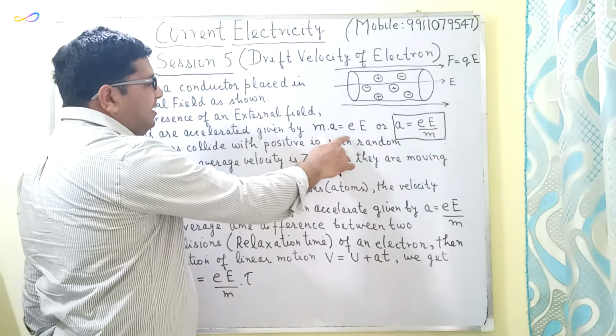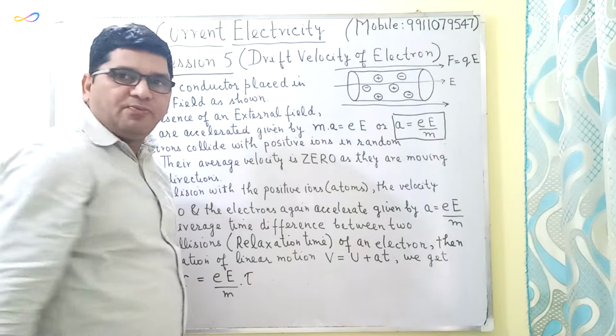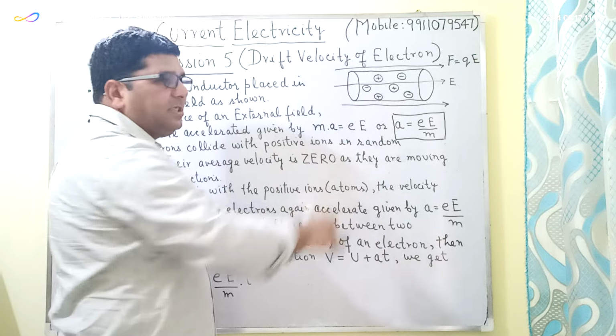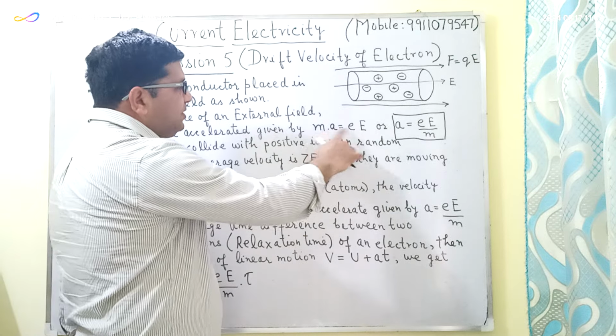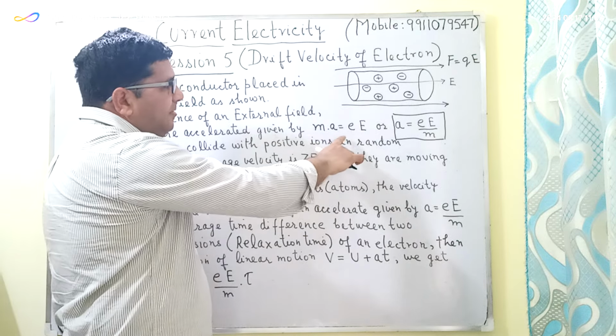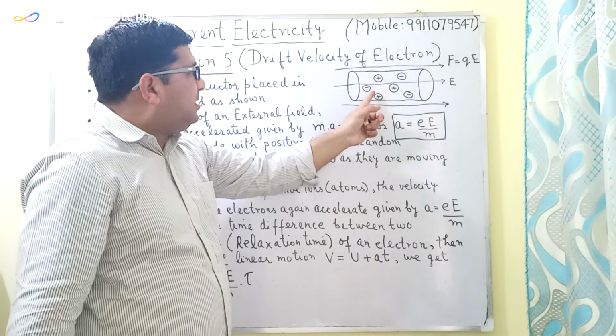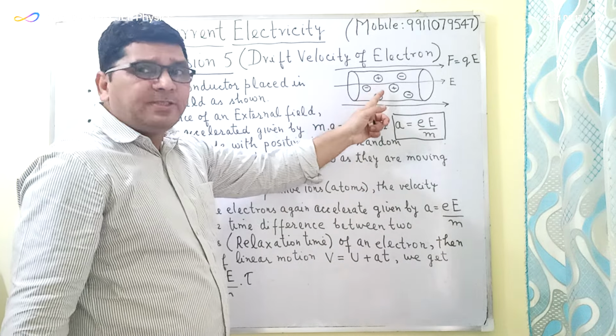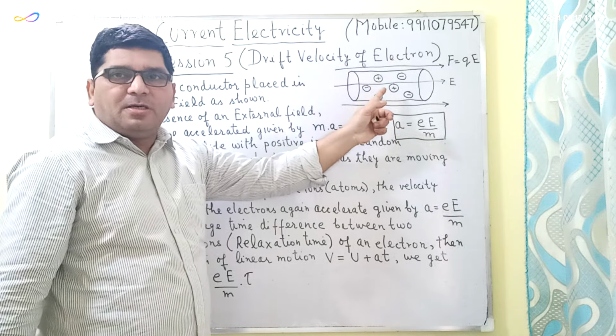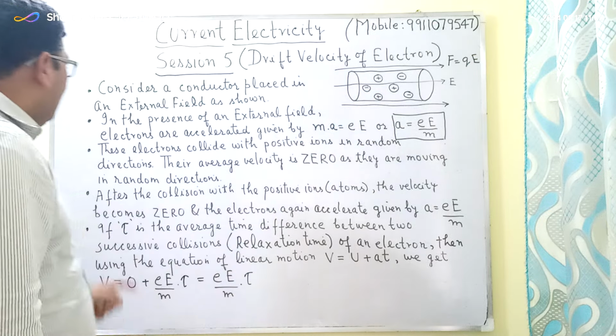So what is m a? m a is the force, and this force is provided by the electrostatic force. Therefore this has been equated here, and we have the acceleration of the electron when a conductor is placed in an external electric field.